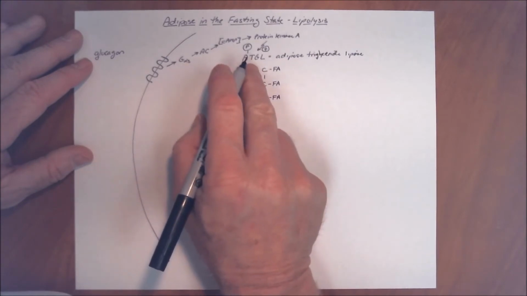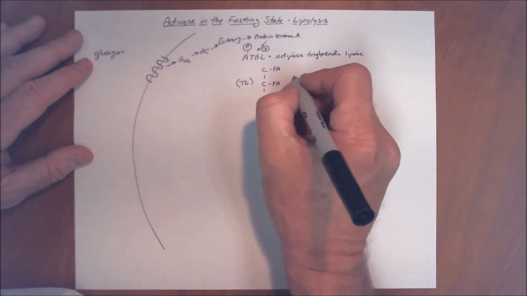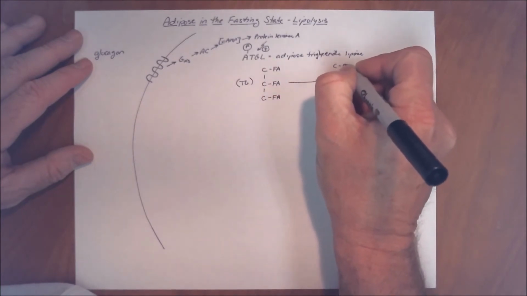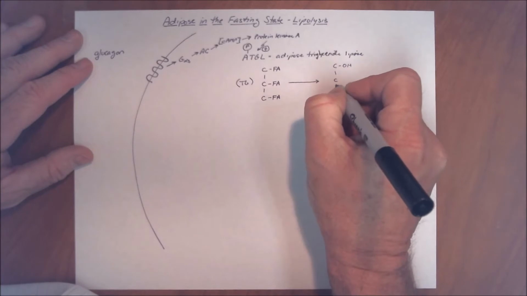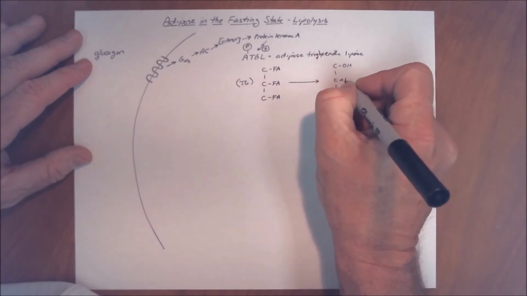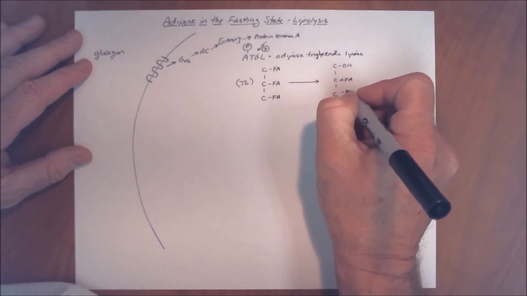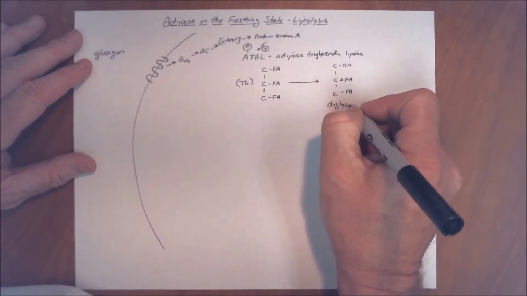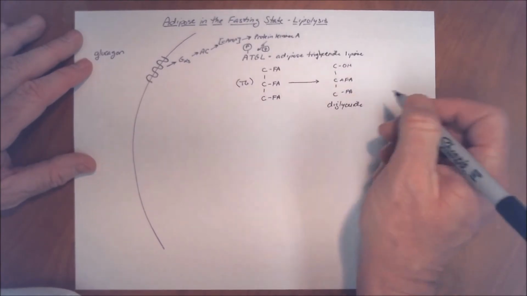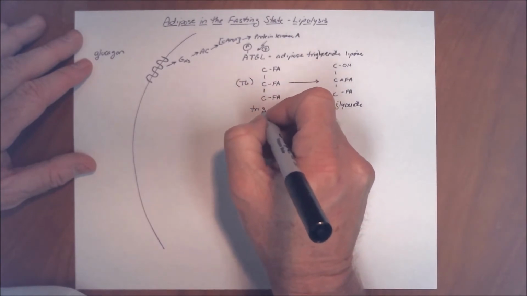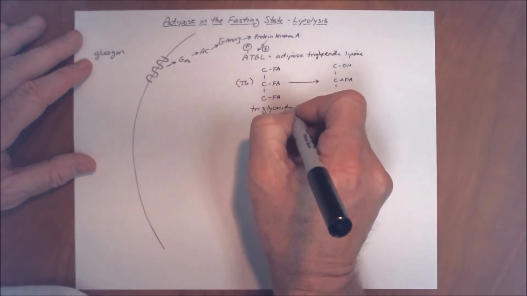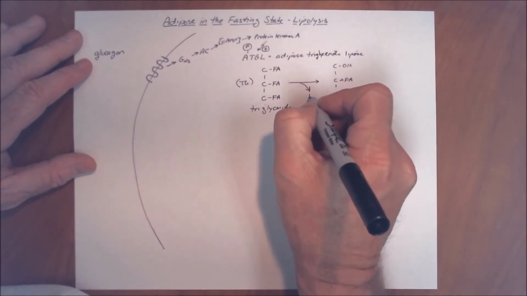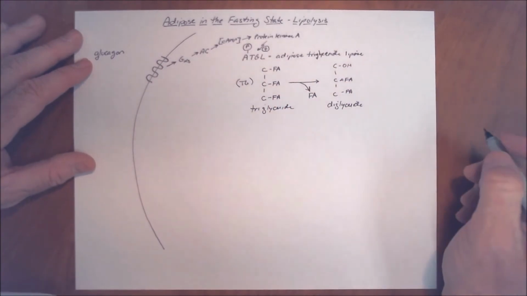When ATGL becomes activated by phosphorylation, it will now cleave one of the fatty acids off of the glycerol backbone, generating a diglyceride. So we are going from a triglyceride to a diglyceride structure with the release of a fatty acid.